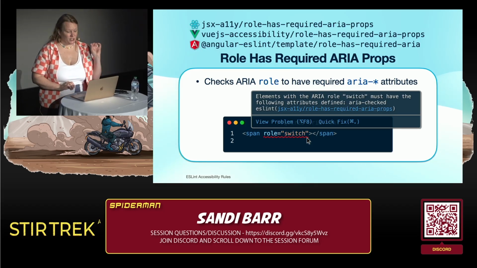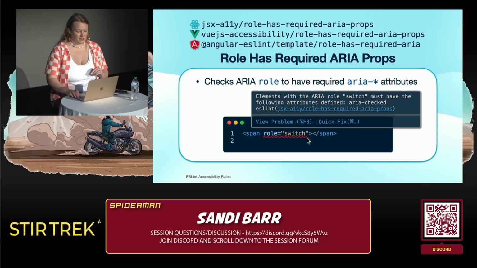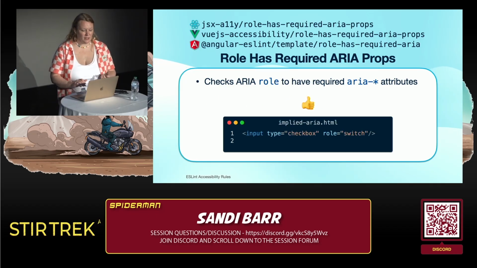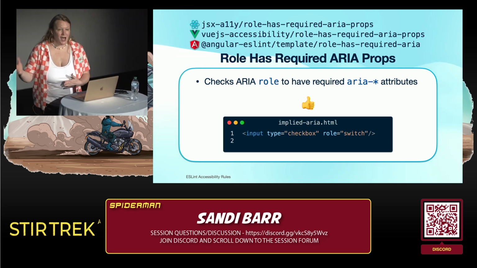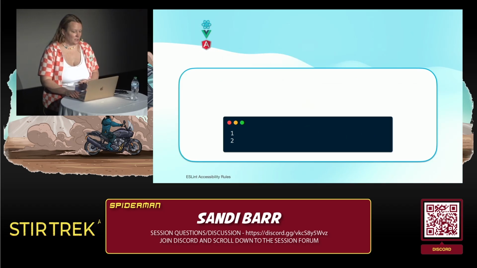Some roles actually have built-in state if used with the appropriate semantic elements. So, with the role switch applied to an input type checkbox, the required ARIA attribute ARIA checked is implied by the checkbox's check state. Problem solved.